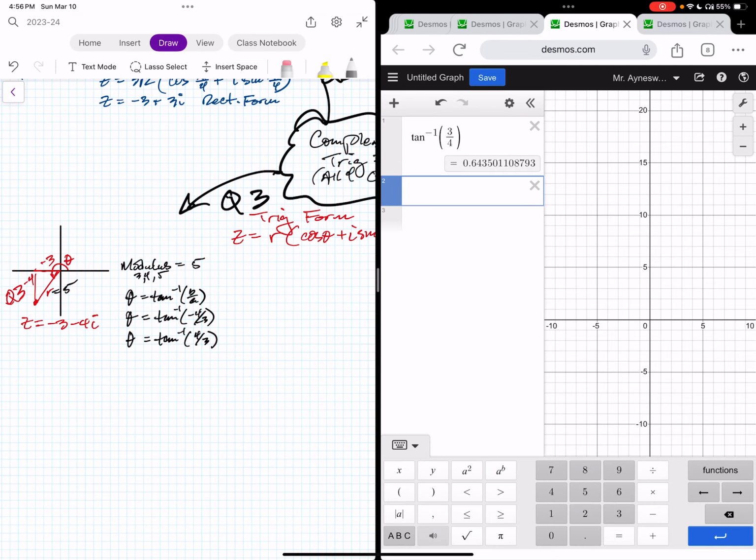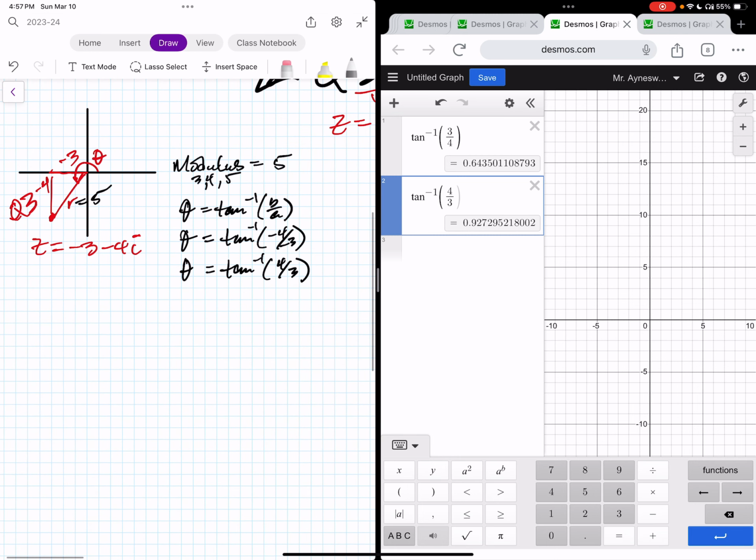Let's take the inverse tangent of 4 divided by 3. It's in radian mode, and this is equal to 0.927 radians. So make sure you put radians there.